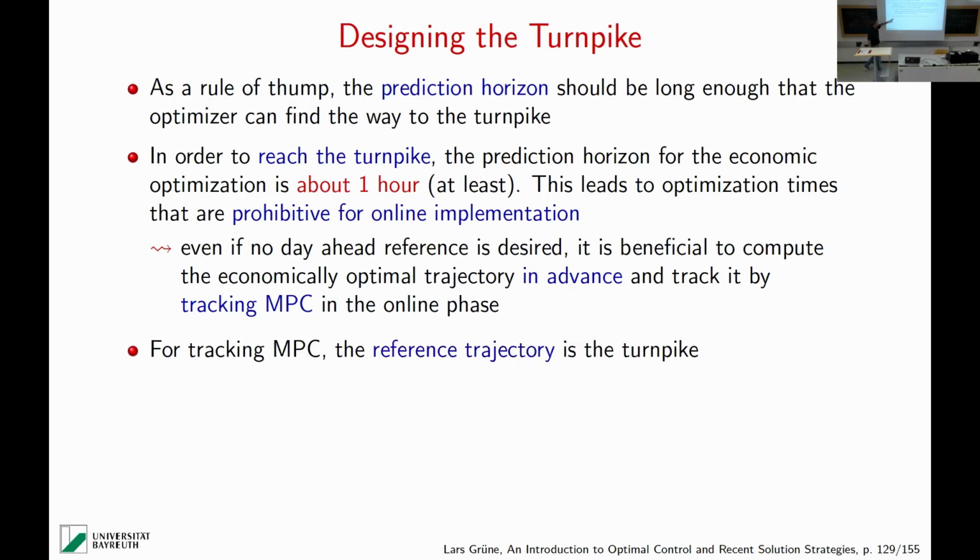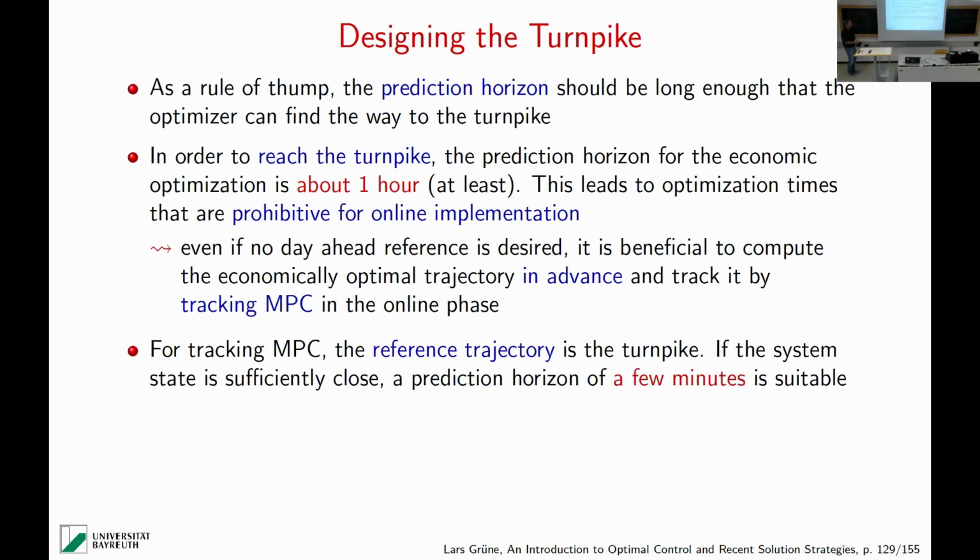For tracking MPC, you see immediately that the reference trajectory you would like to stay close to is the turnpike. It's not an equilibrium, it's then the time-varying turnpike, but the same theory applies. And if the system state is not too far away from the reference, it turns out that a prediction horizon in simulation of a few minutes is suitable, and that is perfectly online feasible.